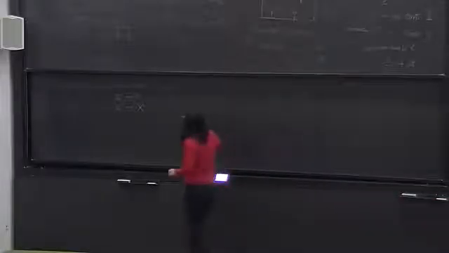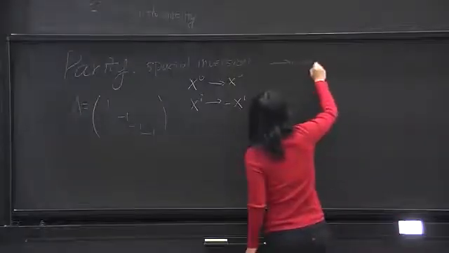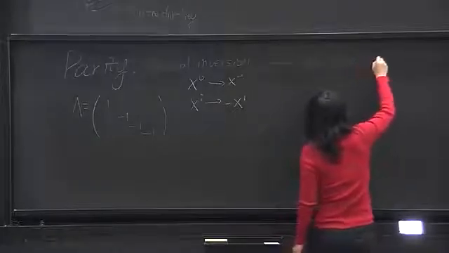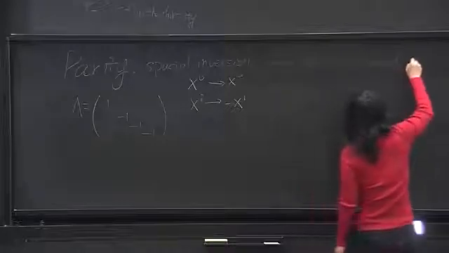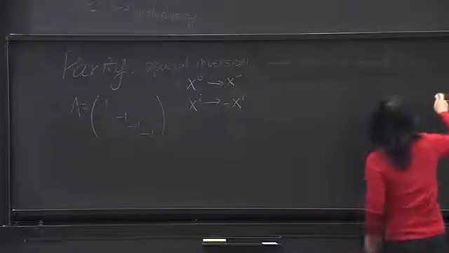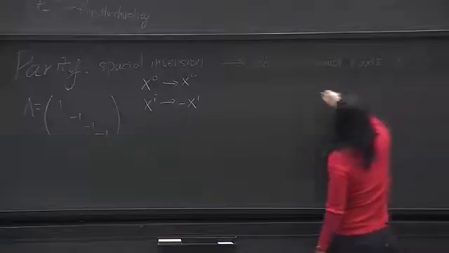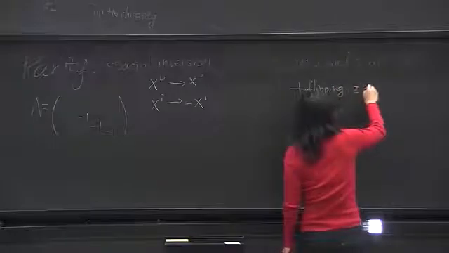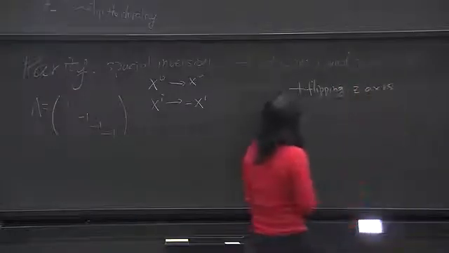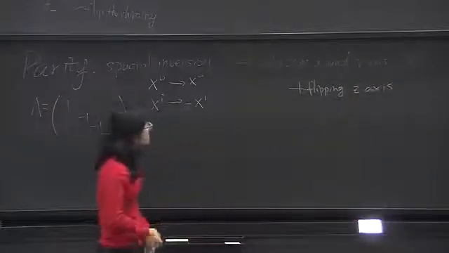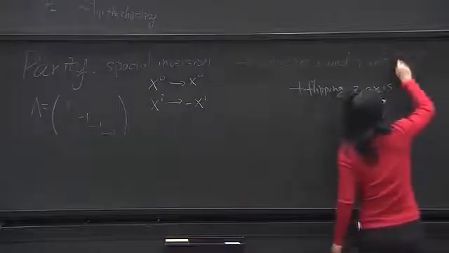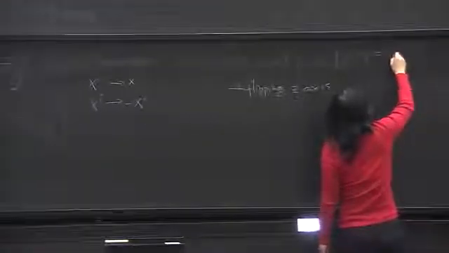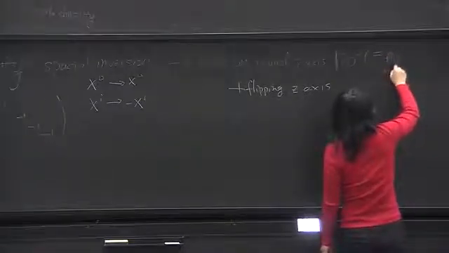So this is a claim that a spatial inversion is nothing but a rotation around, say, the z-axis. It doesn't matter, it's without loss of generality. 180 degrees. And plus flipping the axis and rotating around. So that works. Then you can make a parenthesis, as this is equivalent to flipping x and y.